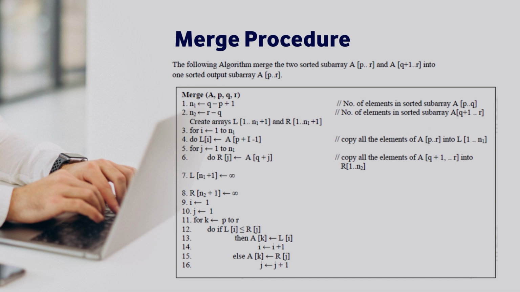Now they are simply comparing the elements one by one. They are taking the two lists and there are two pointers, suppose one pointer is I, another pointer is J. I is at the left list, J is at the right list. They are comparing the I pointer with the J pointer.